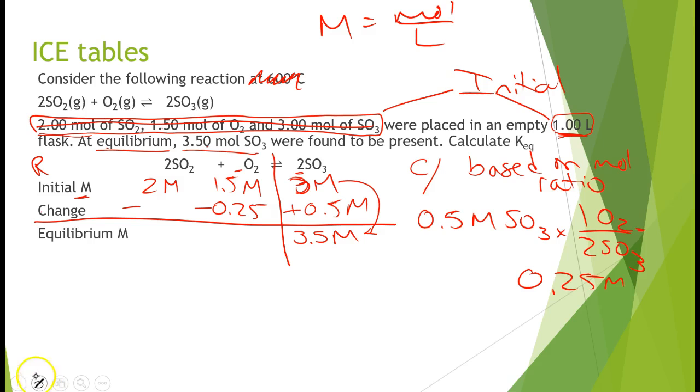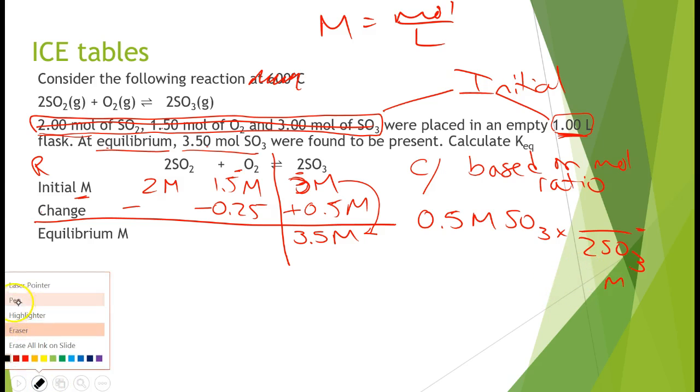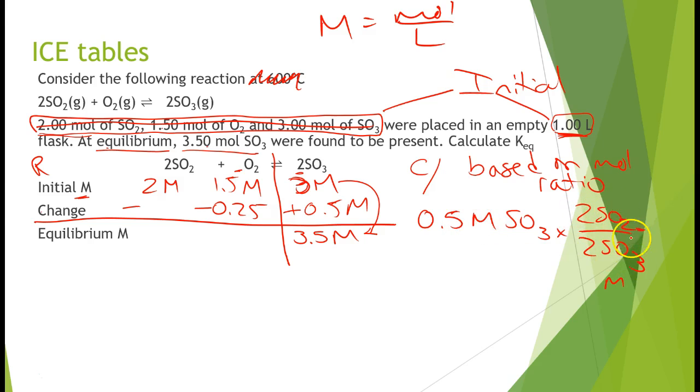Now I'm going to do the same thing to find the SO2. It takes 2 SO3s to make 2 SO2s, or vice versa. So my SO2s must have changed by 0.5, but it has a minus value. The way it works is the initial plus the change gives you the equilibrium. So what I have is 1.5 plus a negative number, which is the same thing as subtracting it. I get 1.25, and I get 1.5.